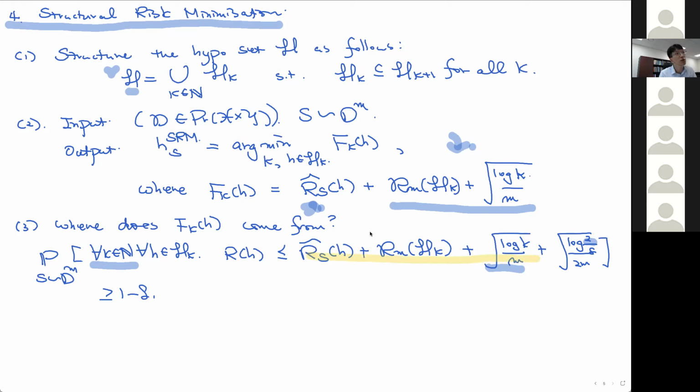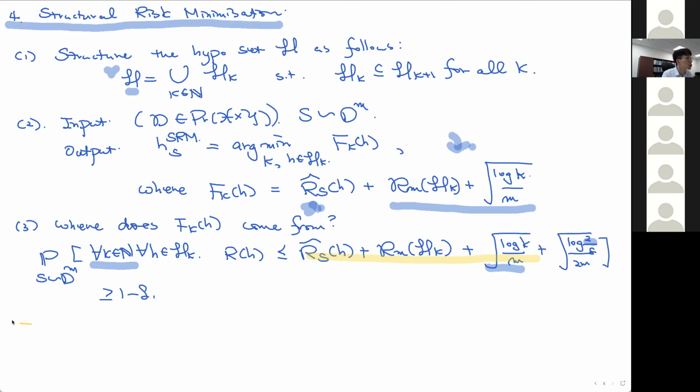And because it's an upper bound, this upper bound tries to make the right balance between the complexity of the hypothesis set and its expressiveness, and also the balance between the approximation error and the estimation error. So if we do so, what's going to be its guarantee? Okay, so here's the guarantee of this approach. So this will be the theorem.